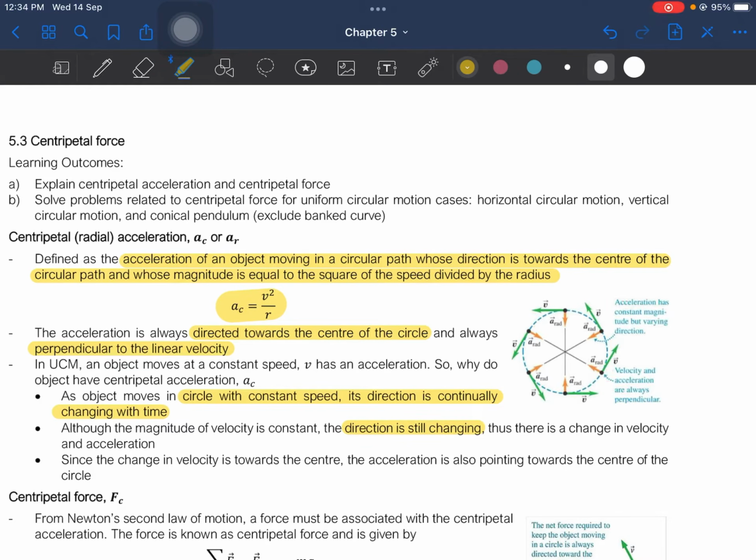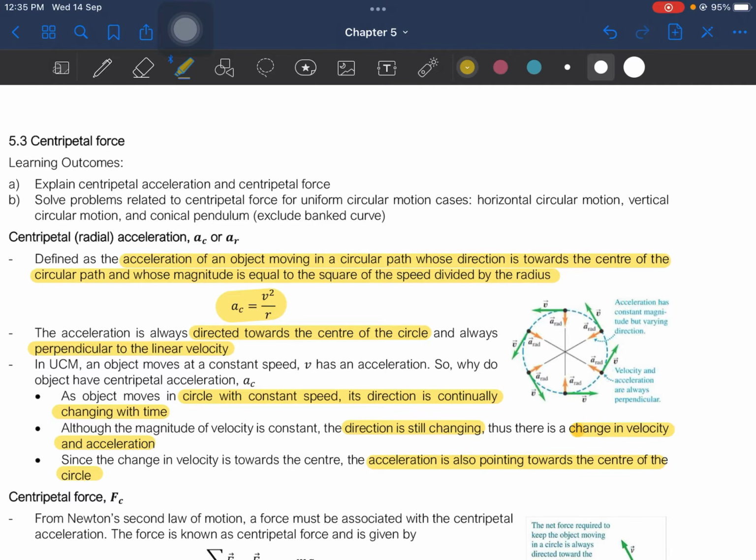Because there is a change in the velocity, there is an acceleration, and because this velocity is changing towards the center, the acceleration will also be pointing towards the center of the circle.